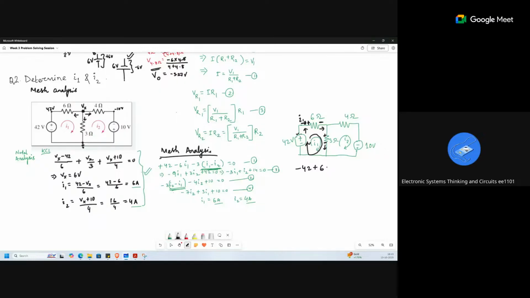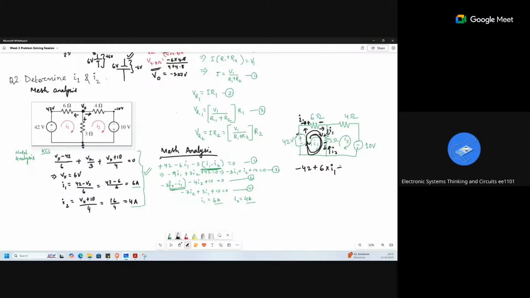So 6 ohm multiplied with I1. Then it enters here, I1 from this side, and again I2 from this side. But whenever I am doing the loop analysis, I follow this way, so I have to consider the net current entering here. The net current entering is I1 minus I2.